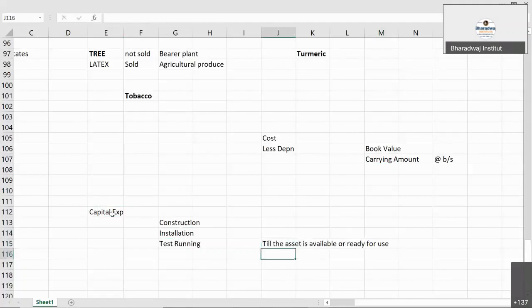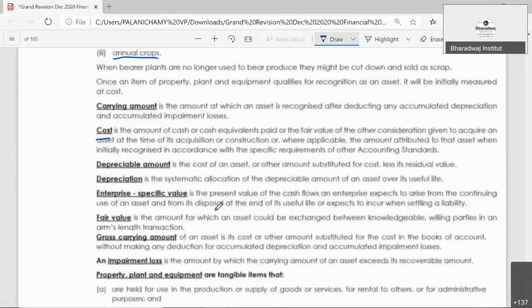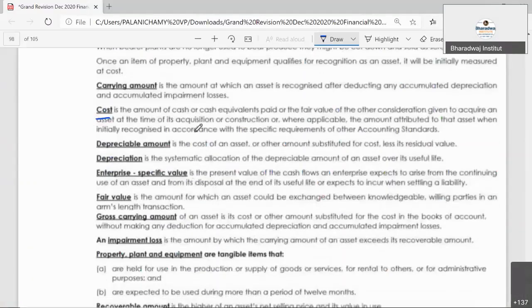Okay, so that is the cost of the asset. So what is cost of the asset? This we have discussed in the capital revenue expenditure itself. Any amount spent in bringing the asset available or ready for use, we call it as what? Cost of the asset. Okay.